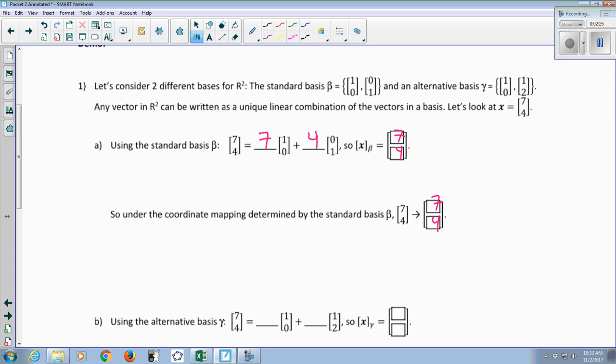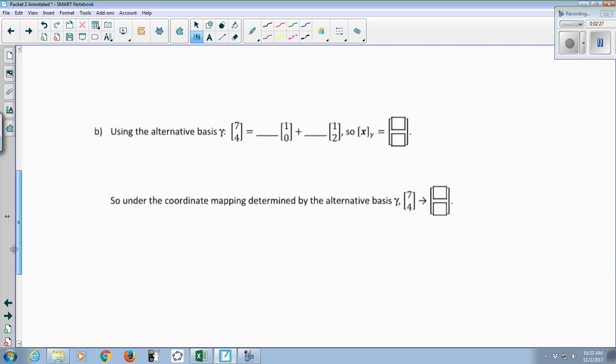But if we use the alternative basis, we're saying, I want to build (7, 4) using these two vectors as my basis. What weights do I have to put on those basis vectors to build (7, 4)? 5 and 2, yeah. Yep.